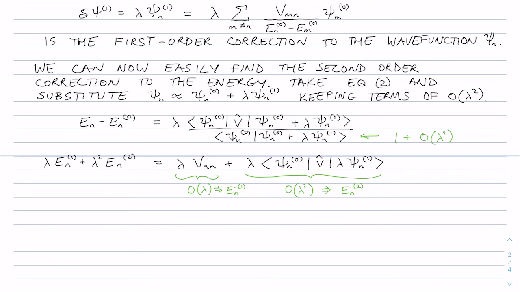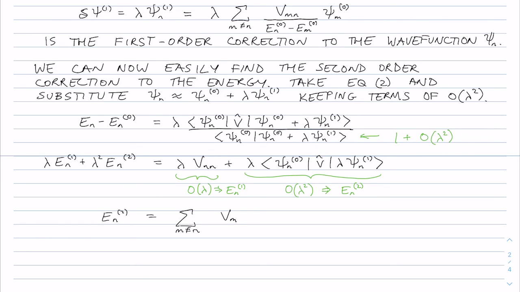So let's write out En2. It's going to be equal to the sum over m not equal to n. Now I'm expanding out psi n1.